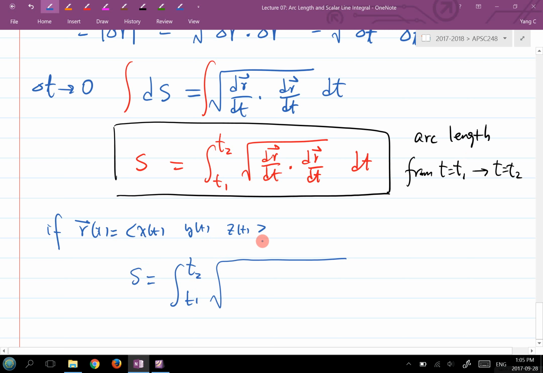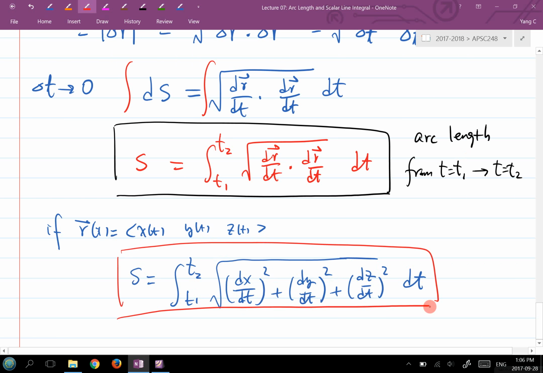So you get dx over dt squared plus dy over dt squared plus dz over dt squared, times dt. That's an alternative expression for arc length.